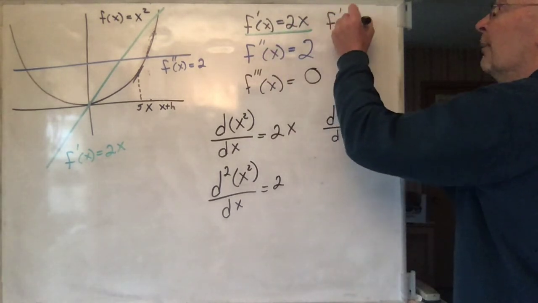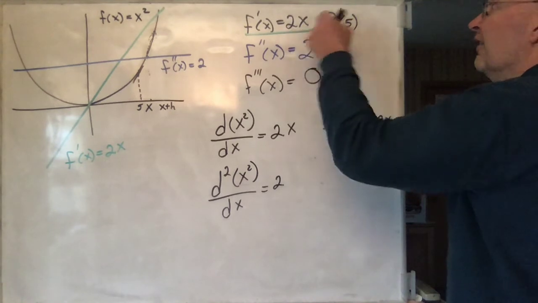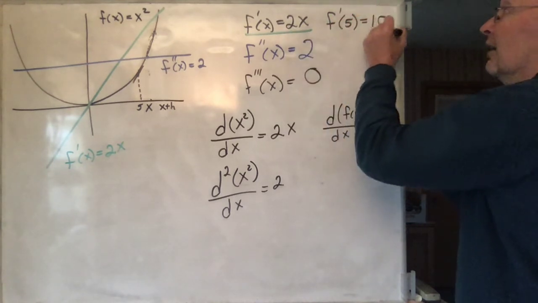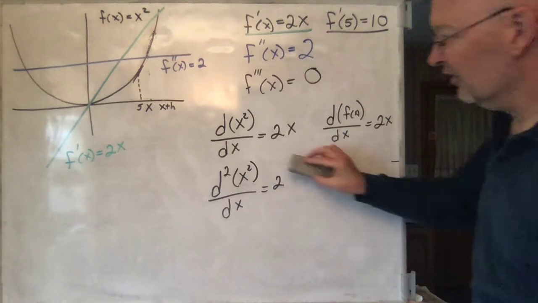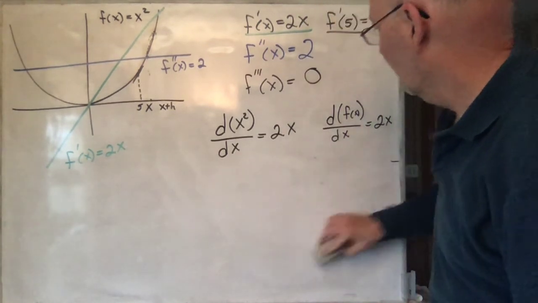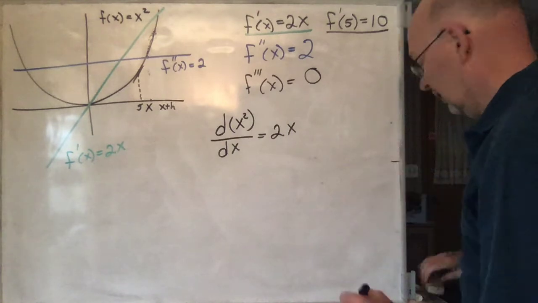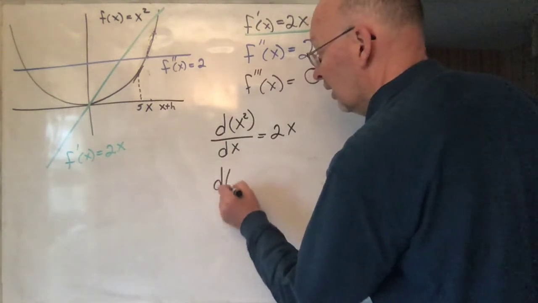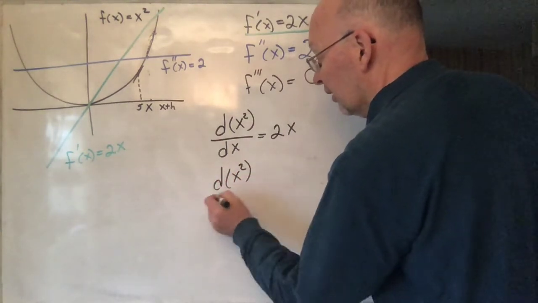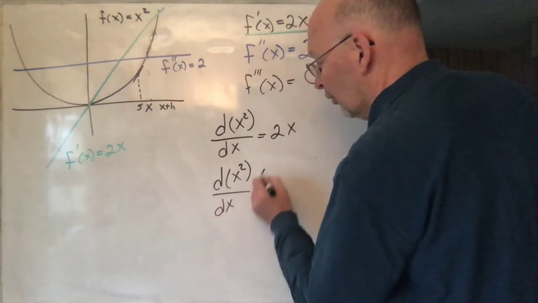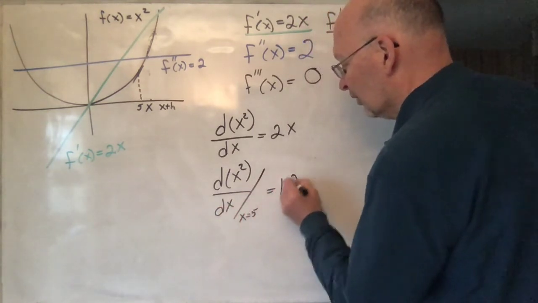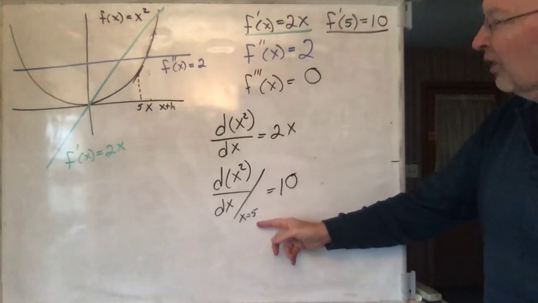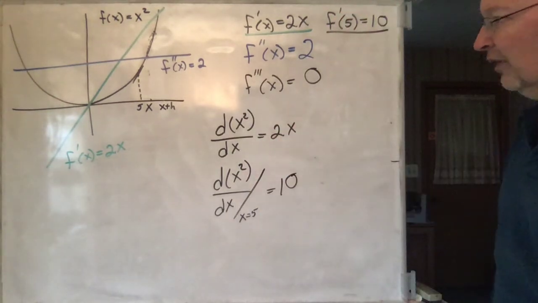So f prime of 5, I stick a 5 in here, is equal to 10. That's real convenient to write it like this. Here, it's just a little bit less convenient. The way you have to write it is you say the derivative of x squared with respect to x at x equal 5 is equal to 10. So a little more cumbersome, but it works fine.